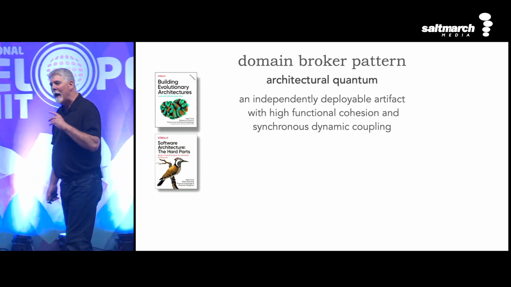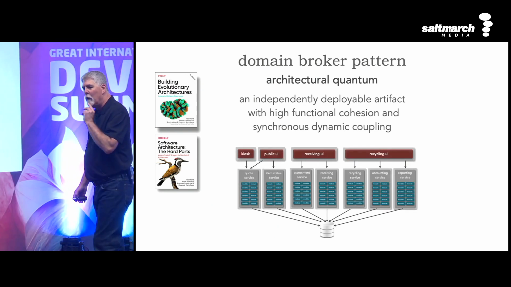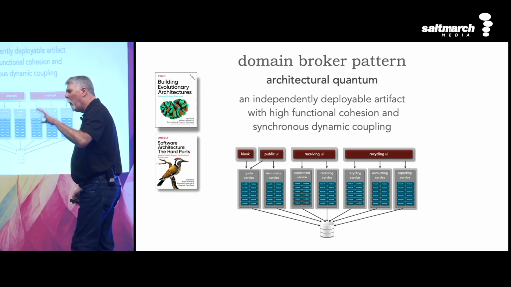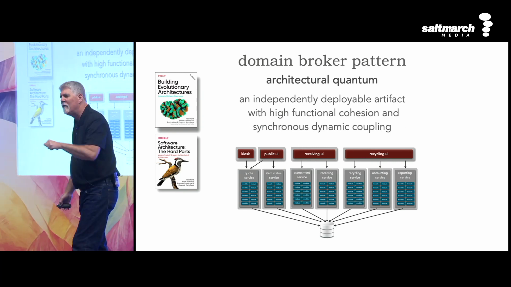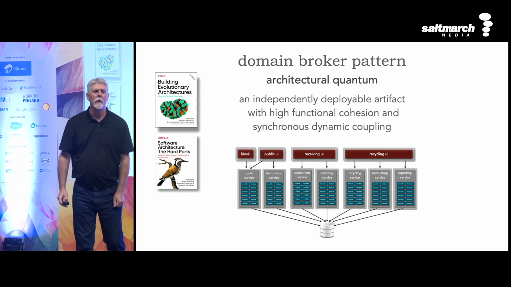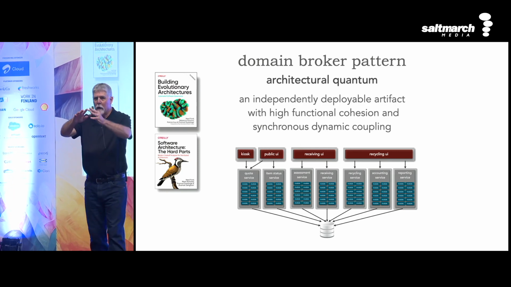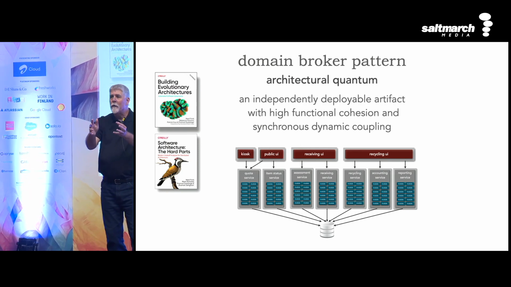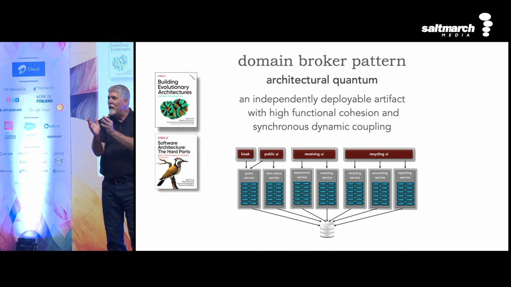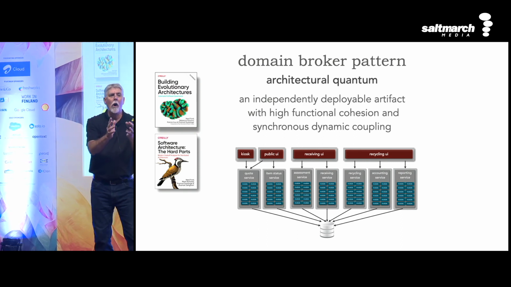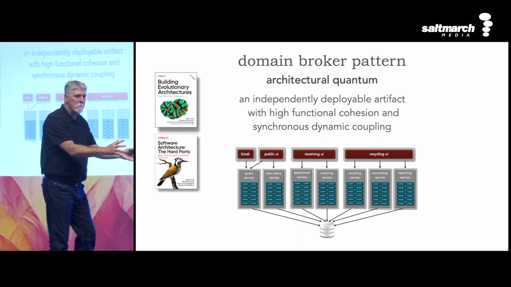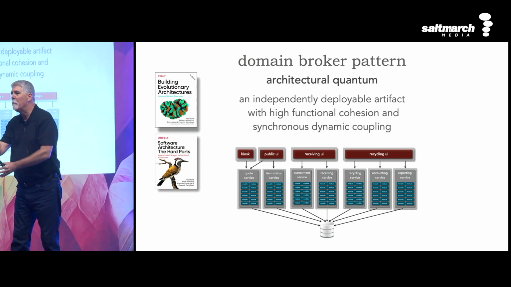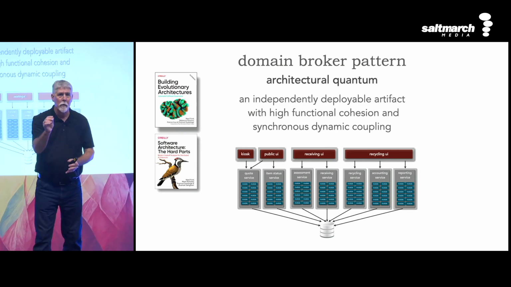Okay, so let's actually use an example to understand why this concept is so important and critical. What I'm talking about is a portion of the system that can stand alone from all other parts of the system. That's what I mean about an independently deployable artifact.